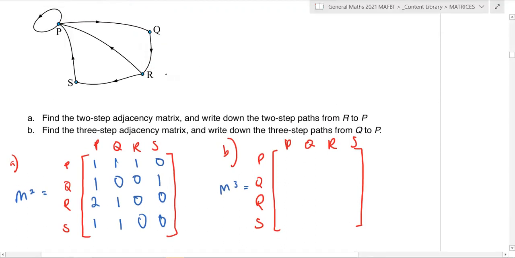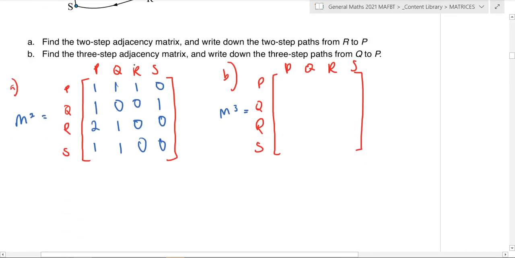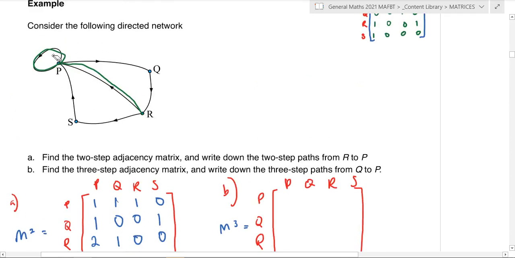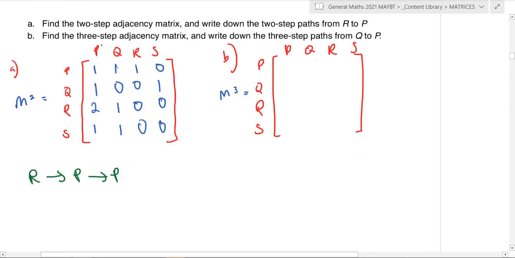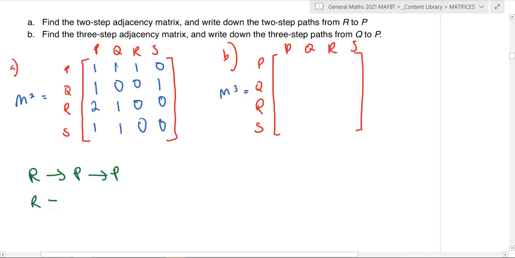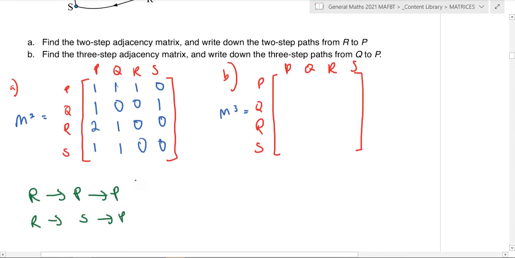You can go R, P, P. And remember, that works because of that loop that P has. And the other path would be R to S to P. Those are the two from R to P.